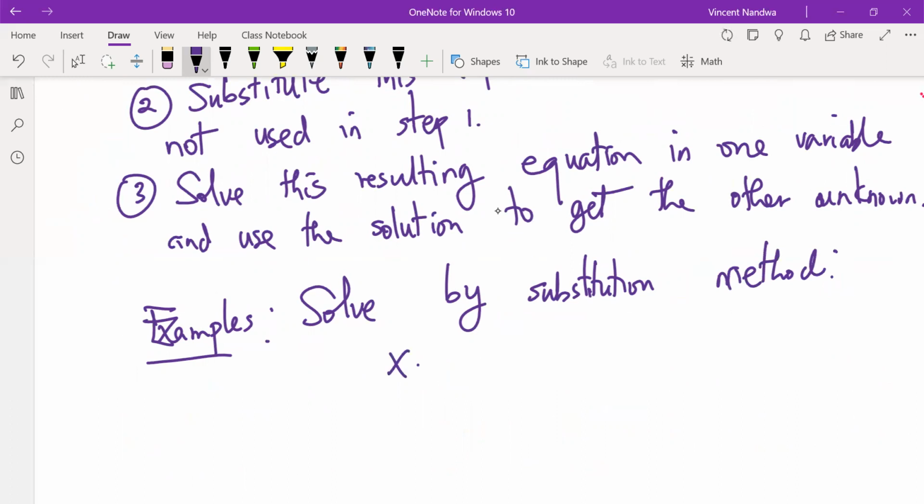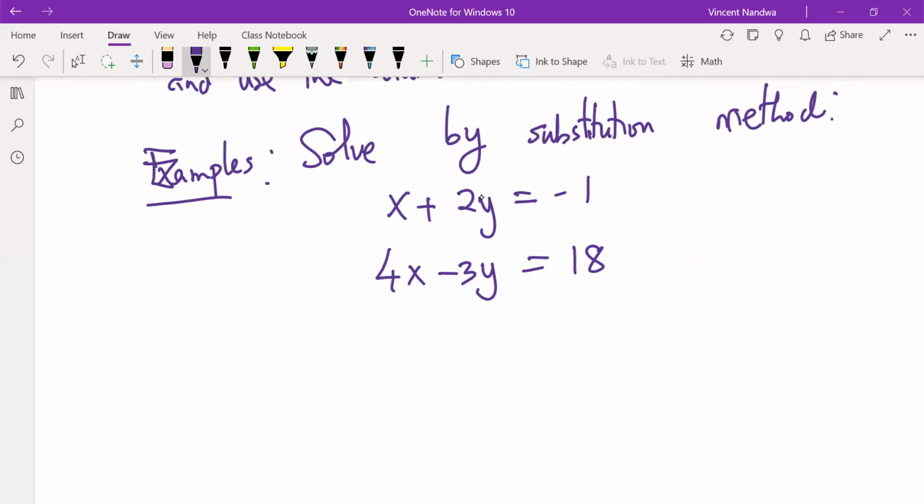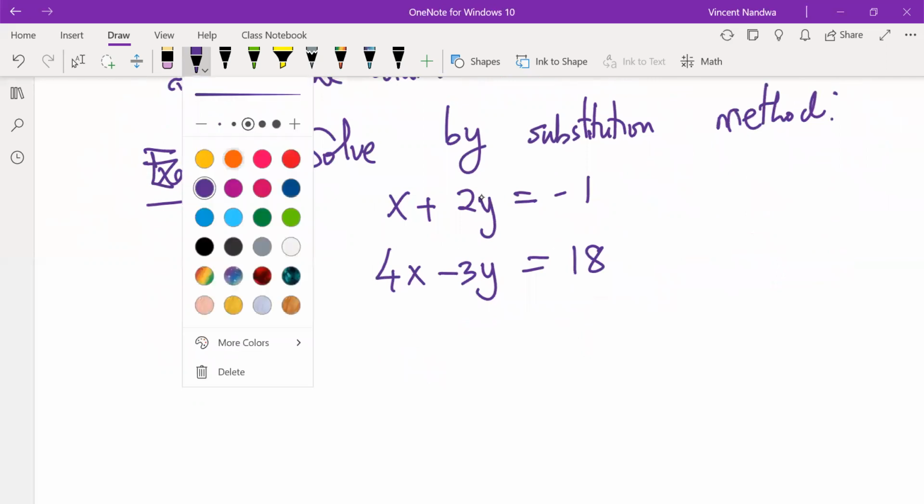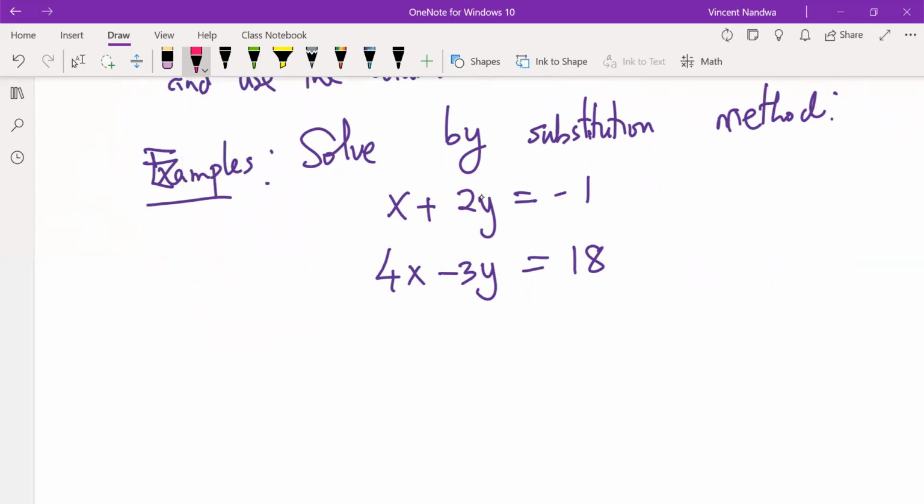The first set of equations is 2x plus 2y equals -1 and 4x minus 3y equals 18. Now, when we check these two equations, we see that in the first equation, it is very easy to express x in terms of y.